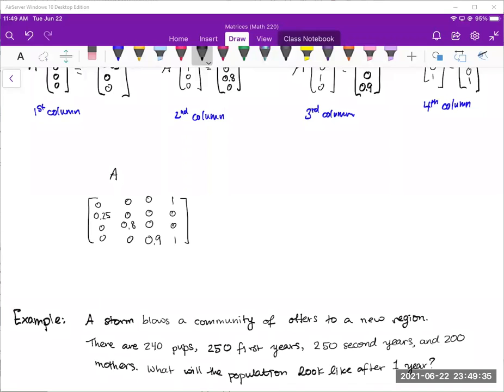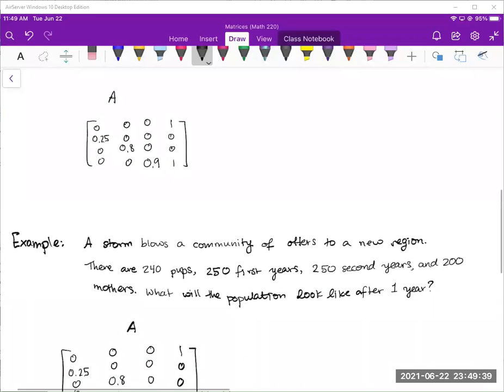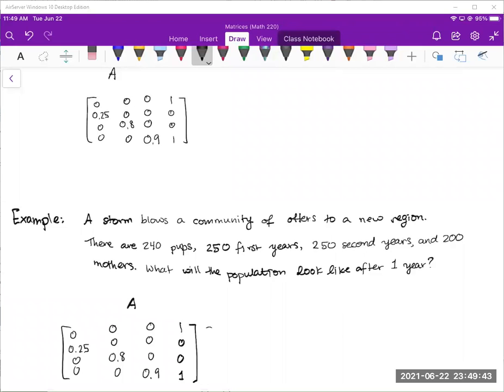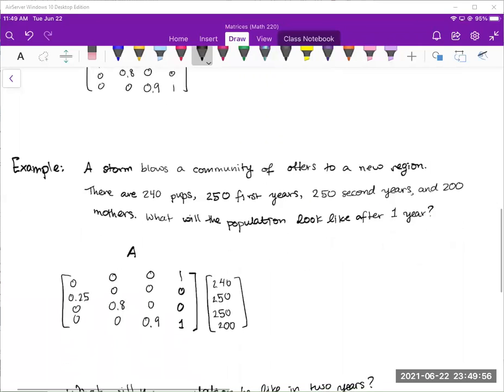So 240, 250, 250, and 200. Okay. So we see our matrix A, and we're going to be multiplying it by our population distribution, 240, 250, 250, 200. So this is our initial population.